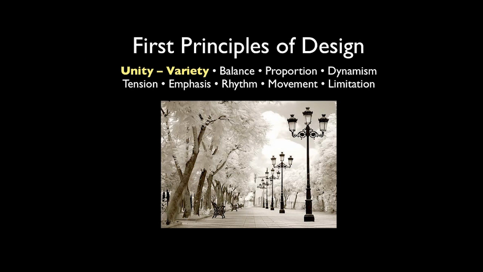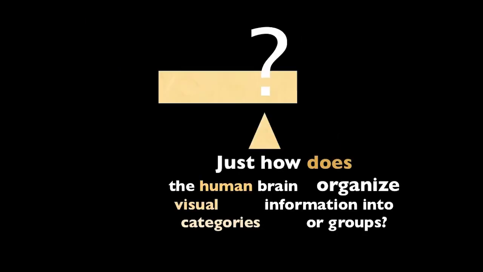That being unity and variety, balance, proportion, dynamism, tension, emphasis, rhythm, movement, and of course, finally, the idea of limitation. We're going to look at where this has come from and what some of the underlying psychological and physiological responses are that we have to certain design principles.